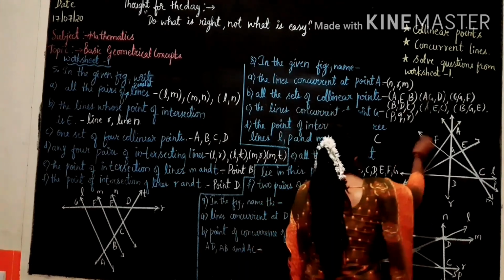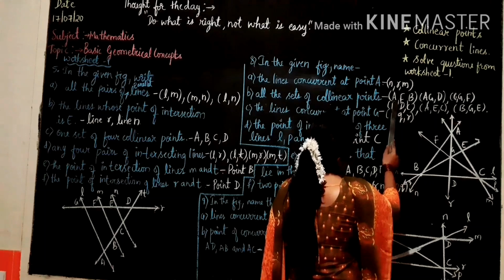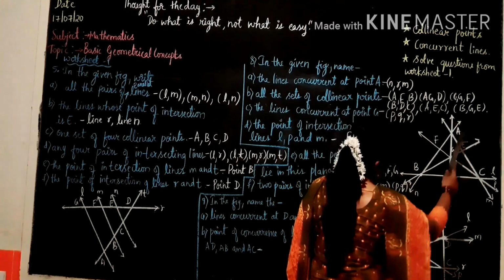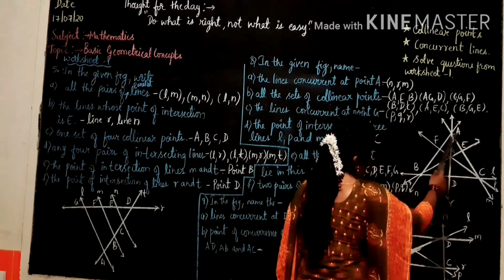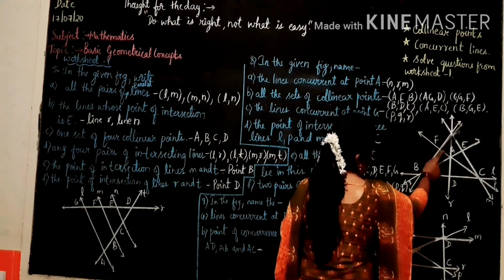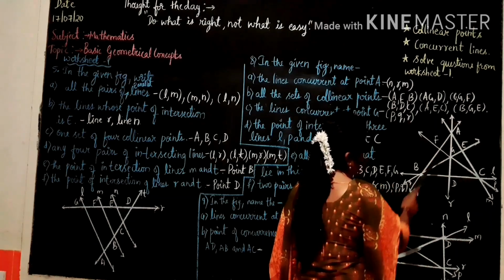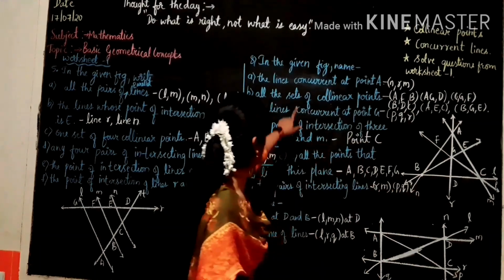You have to mention all the sets of collinear points. One of them is A, F, B. Here you can see, children, point A, point F and point B are lying on the same line N. So these are called collinear points.